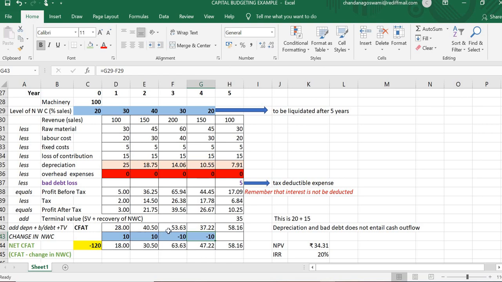But in the third year, what happened? This minus 10 means that we did not have to spend extra. Rather, we saved this amount. So therefore, 53.63 minus of minus 10, you will get 63.63. And similarly for year 4. Year 5, no issue because you do not have any change out here. And in this manner, we get the net cash flow after tax.